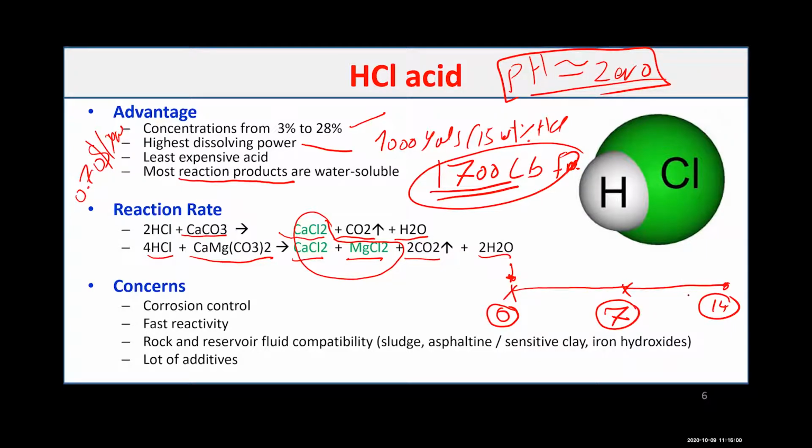So if we start acidizing with a pH here, what's the expected pH of the return fluid? Can anyone guess? It will be closer to the water, which is 7. Okay, closer. Yeah, that is perfect. Let's have it as answer number one. Does anyone have anything else?